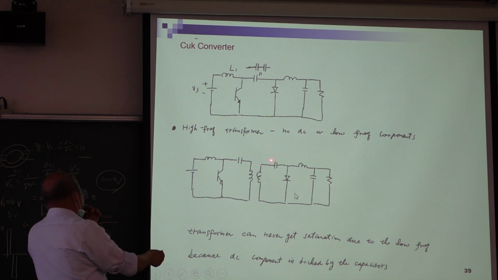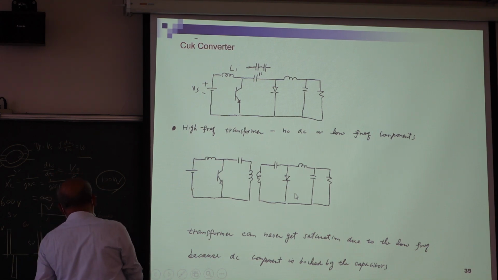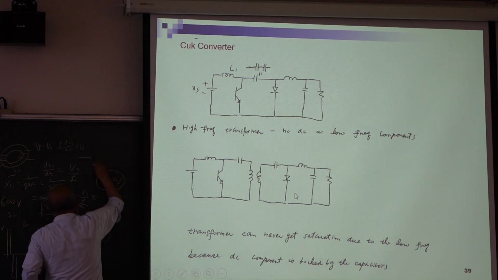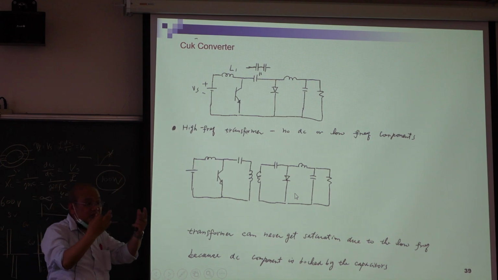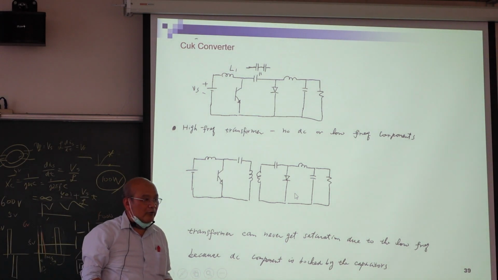If you have DC current, the transformer will get saturation. So the curve is like this. If you have DC bias, it is easy to saturate your transformer, right?